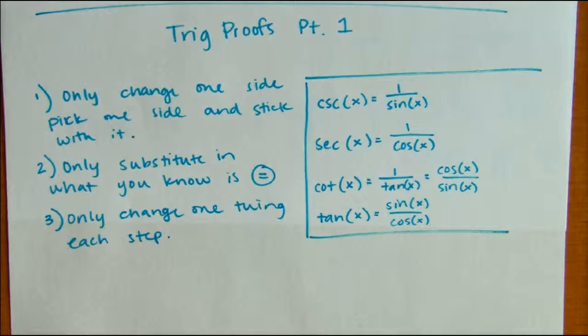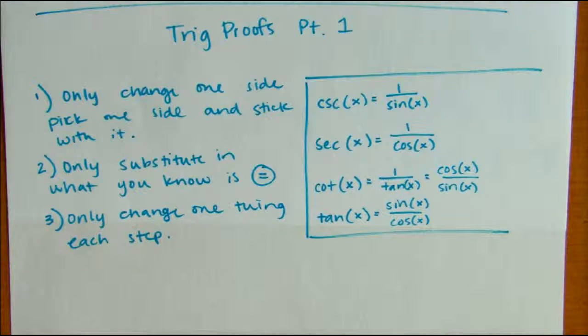With proofs, I want to see your thought process all the way through, which means that if you think about changing a bunch of things at once, you actually have to do them one by one to get full credit for your proof. So you want to only change one thing for each step along your way.